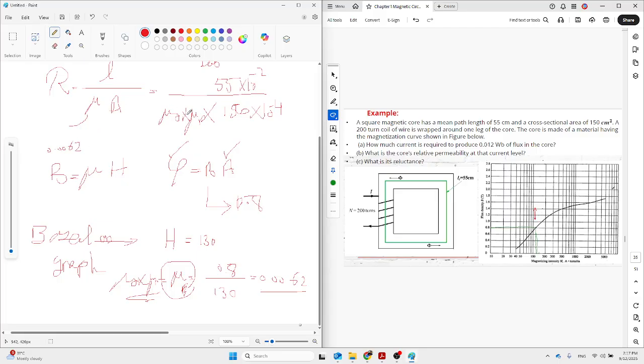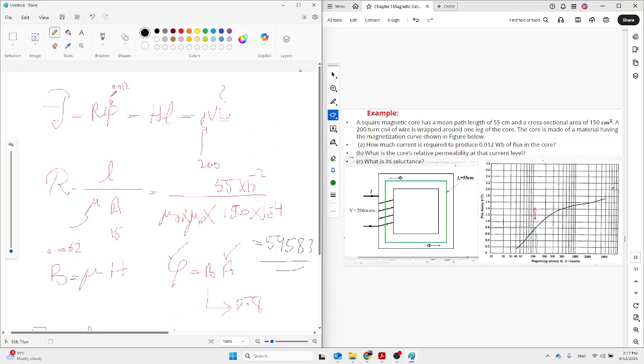No need to multiply it by mu 0. The A is 150 something. So the total reluctance value here is 5958 point something. This is the total value of reluctance, correct? Still we don't know the current.